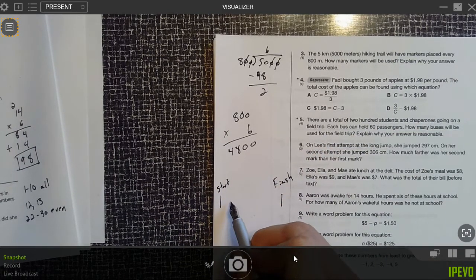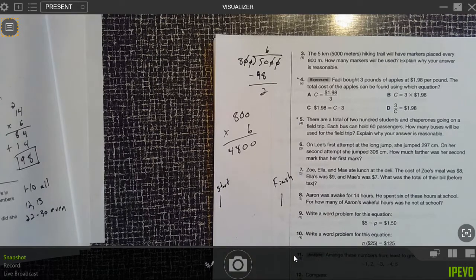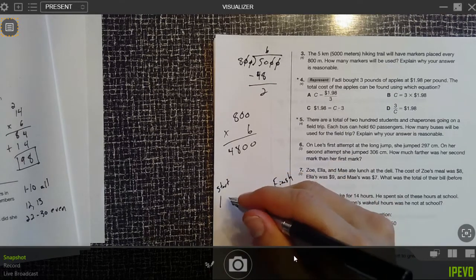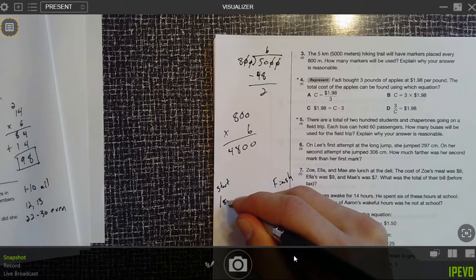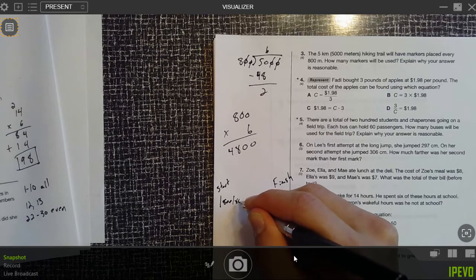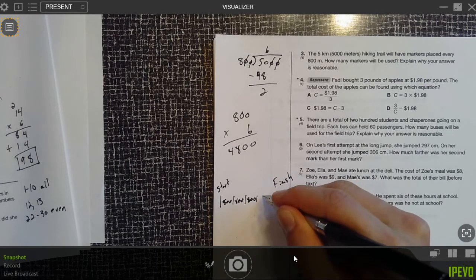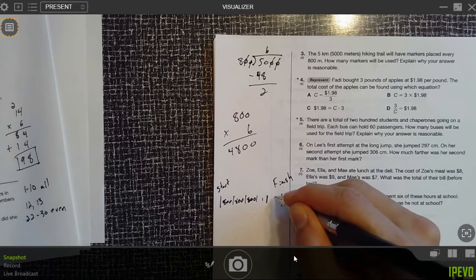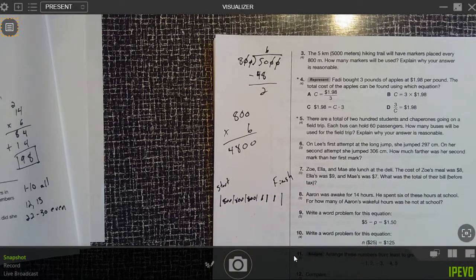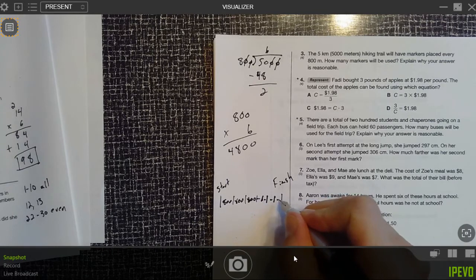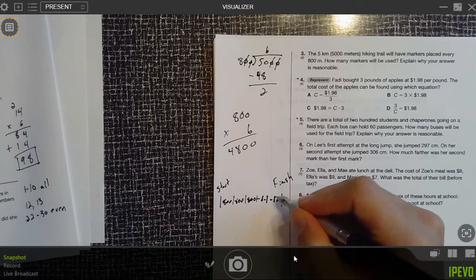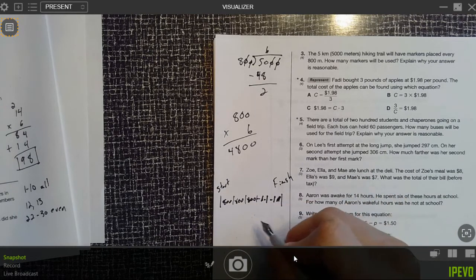If every so often, every 800 meters, we got 1, another 800 we got another, 3, 4, 5, 6, right? With each of these being 800.